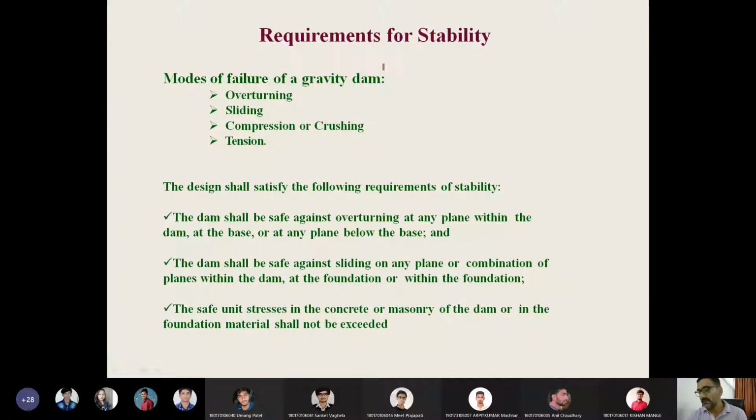Mostly when we say gravity dam, you may consider concrete dams, masonry dams, and mostly high dams. Small dams may differ a bit. Let me clear the doubt that high dams means 90 meters and up.